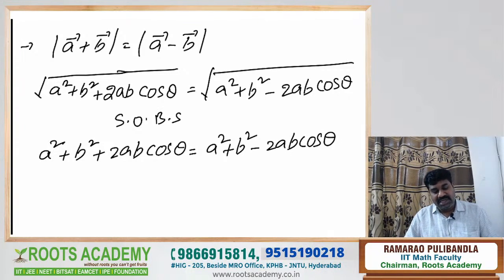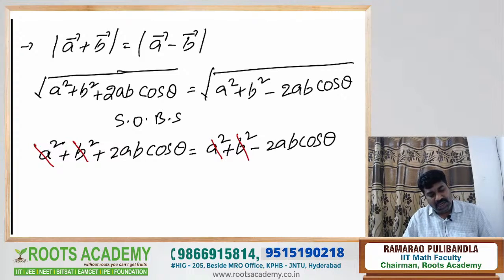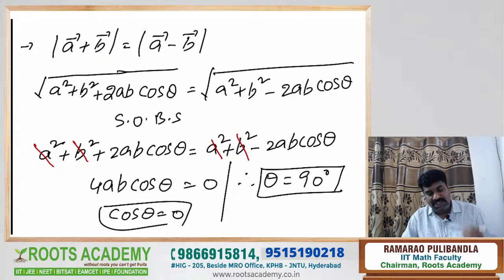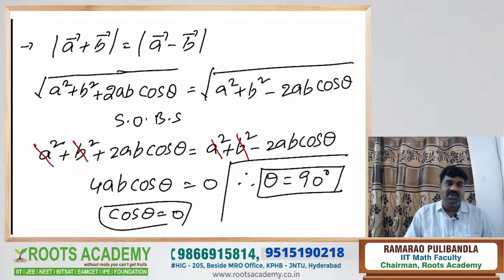Taking the terms to one side, A square cancels, B square cancels, so 4AB cos theta is equal to 0. That is, cos theta is equal to 0. When the cos value becomes 0, theta is equal to 90. Therefore, theta is equal to 90 degrees.